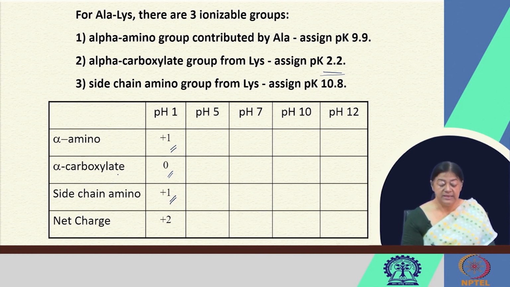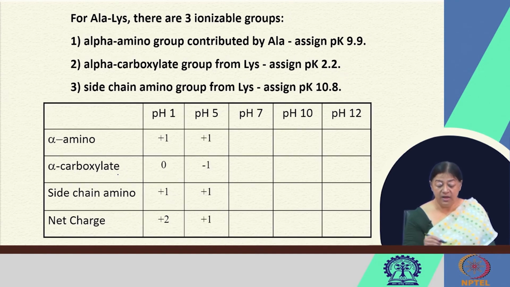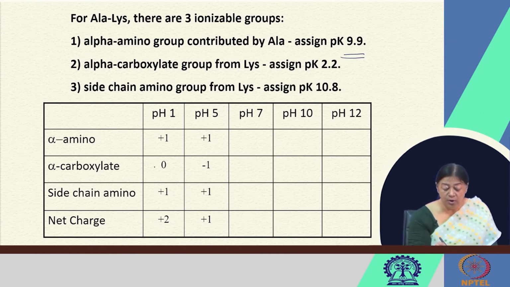This means that at pH 5, what is going to happen? We are going to have a +1 charge for the amino because we still have not crossed this pKa value. This has now gone from COOH to COO minus. So, we have lost this proton.